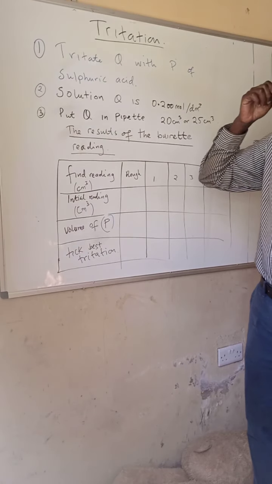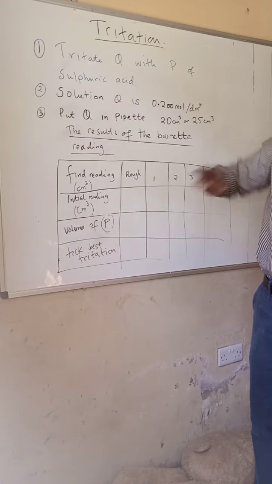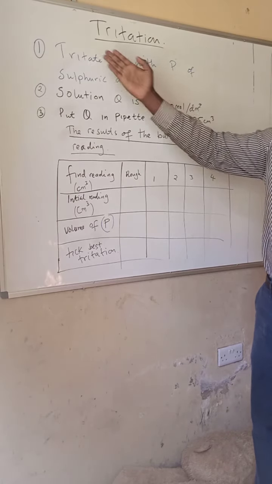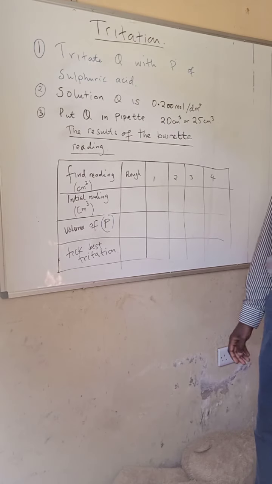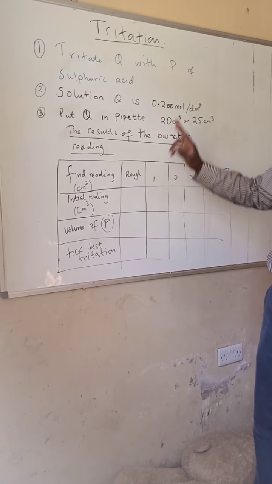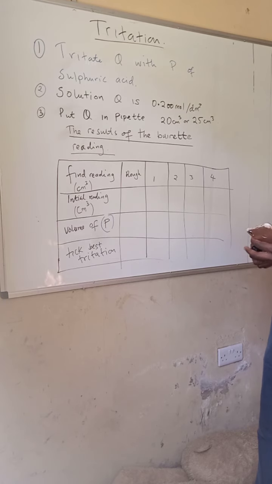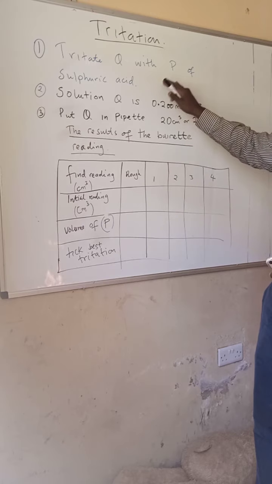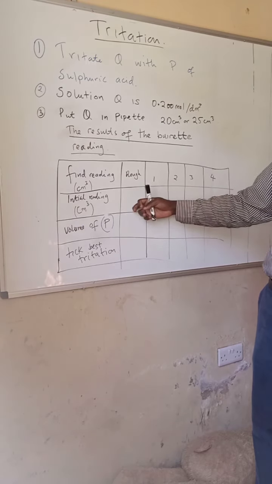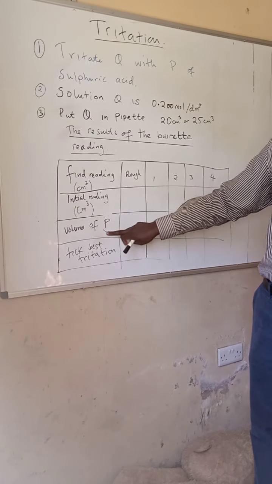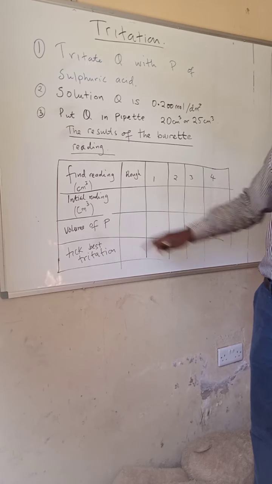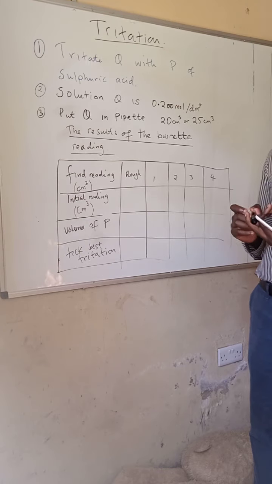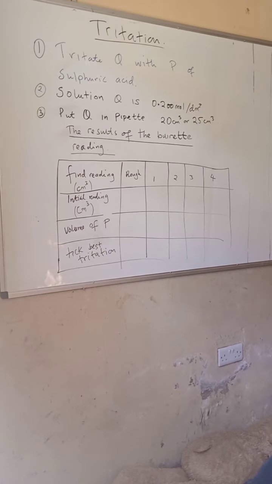Now, question 1. These are steps. Titrate Q with P of sulfuric acid. So, you look at the letter. How can you know which one is the acid and which one is the base? Just by looking at this table here, sometimes they'll give you this table. You always look at the letter that is in the table. The letter that is in the table is the one that is the acid. So what letter do you notice in this table?